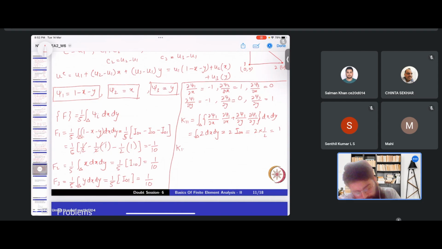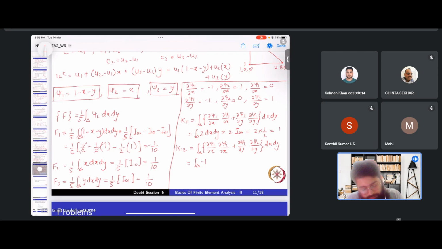Then we have K12: the integral of dou psi 1 by dou x times dou psi 2 by dou x plus dou psi 1 by dou y times dou psi 2 by dou y, dx dy. So dou psi 1 by dou x is minus 1 and dou psi 2 by dou x is 1, so we get minus 1 here.